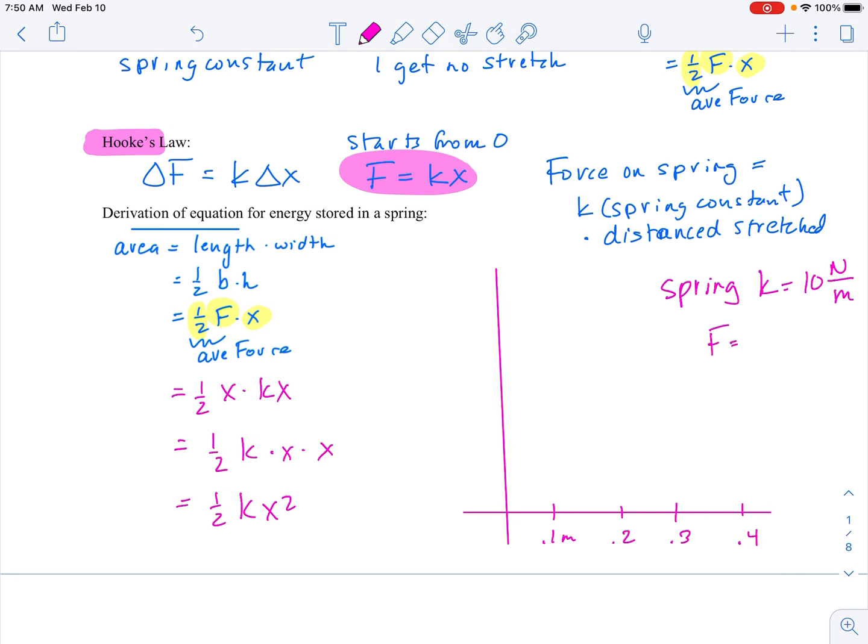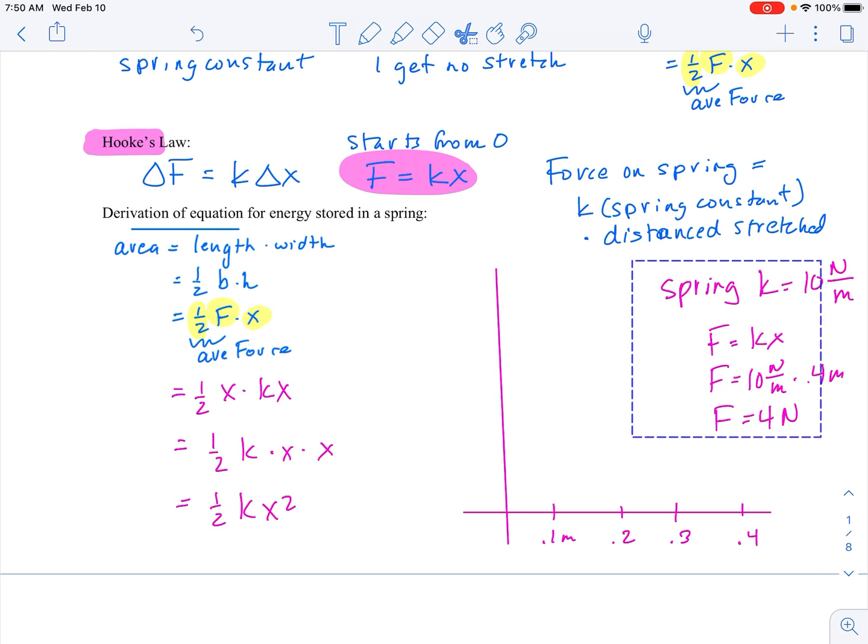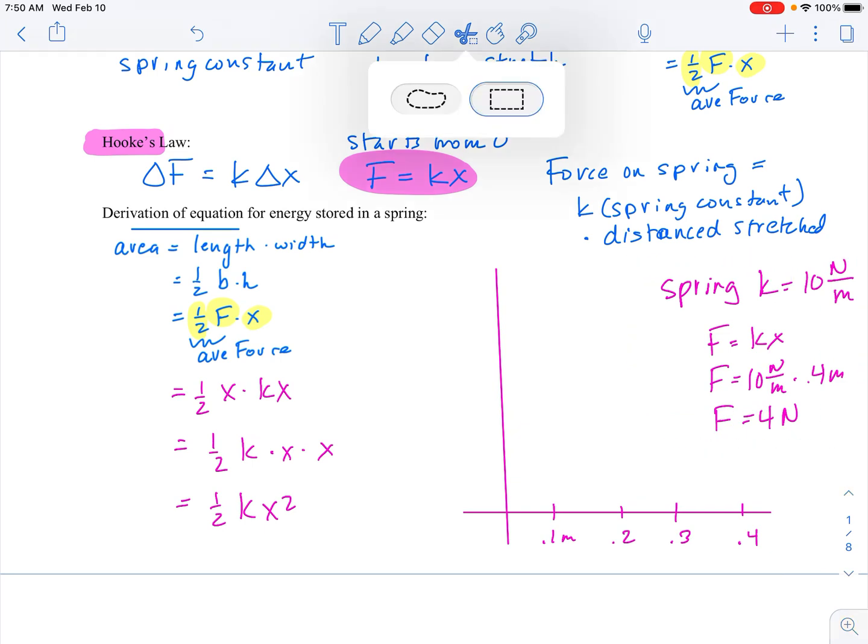I could figure out that to go 0.4 meters, it would take 4 newtons of force. And the way that I would figure that out is I would take the spring constant k times the distance stretched, which is 0.4.